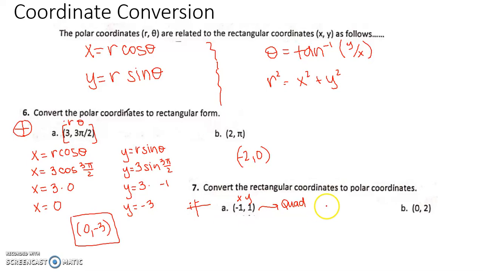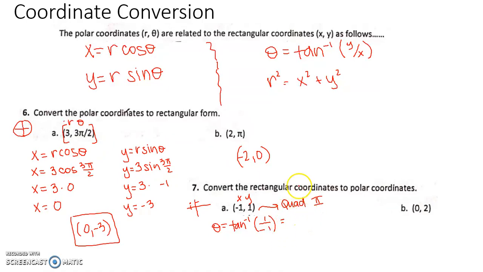Graph it, right there, is in quadrant 2. So theta equals tangent inverse of y over x, so 1 over negative 1, which I should know from my unit circle because this is on my unit circle.